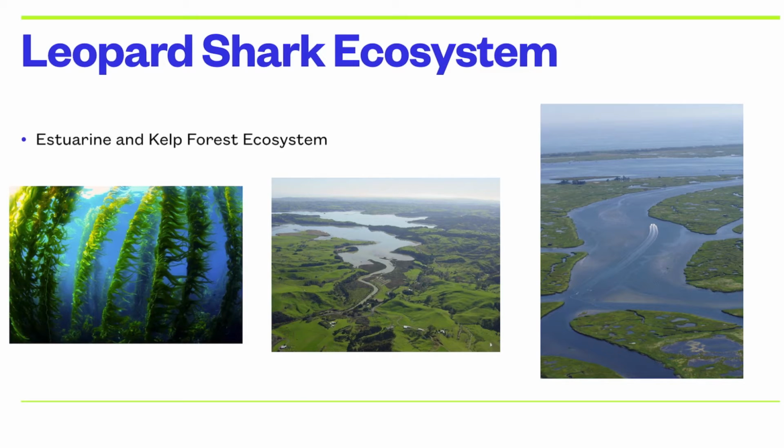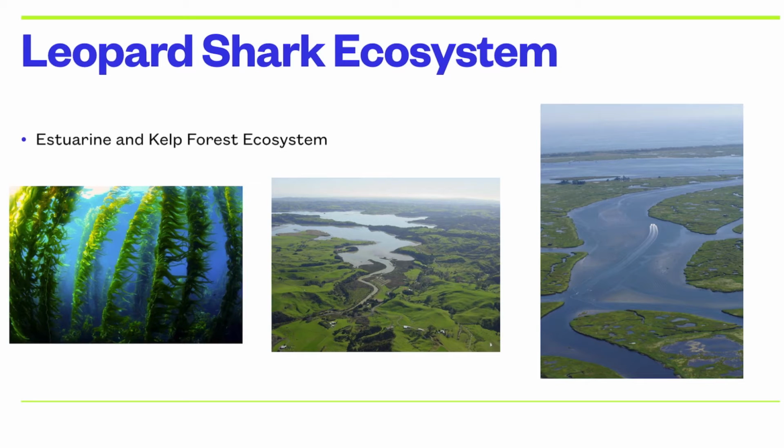Leopard sharks can also be found in kelp forests. Kelp are large brown algae that live in cool, relatively shallow waters close to the shore. They grow in dense groupings, much like a forest on land, and are found predominantly along the coastal Pacific coast.